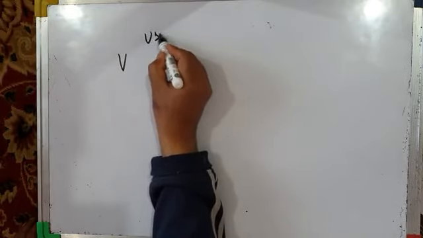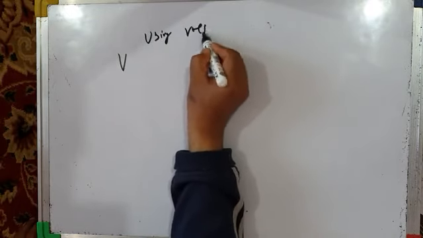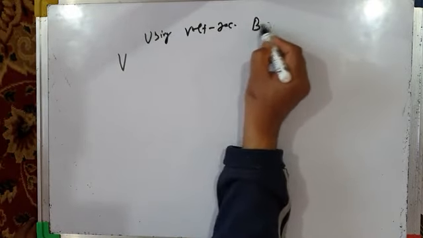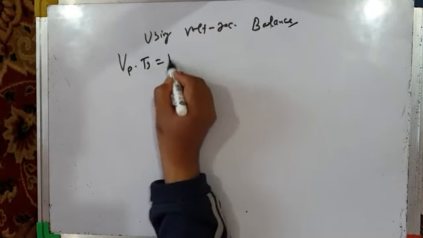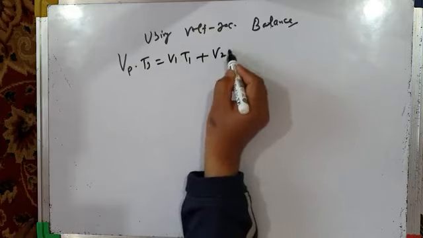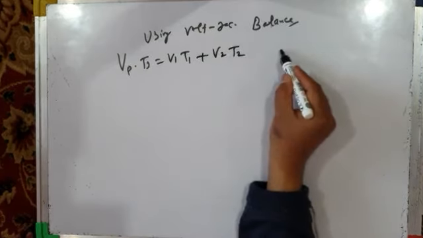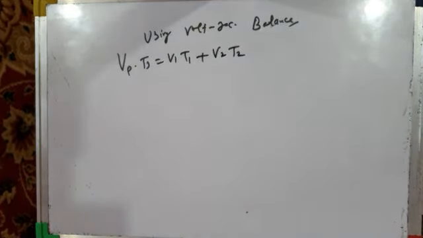Using volt-second balance, Vp into Ts is equal to V1 T1 plus V2 T2. I am not writing plus Vz Tz because we are not using null vector at all. We are using only active vectors, V1 and V2. We are not using any null vector.